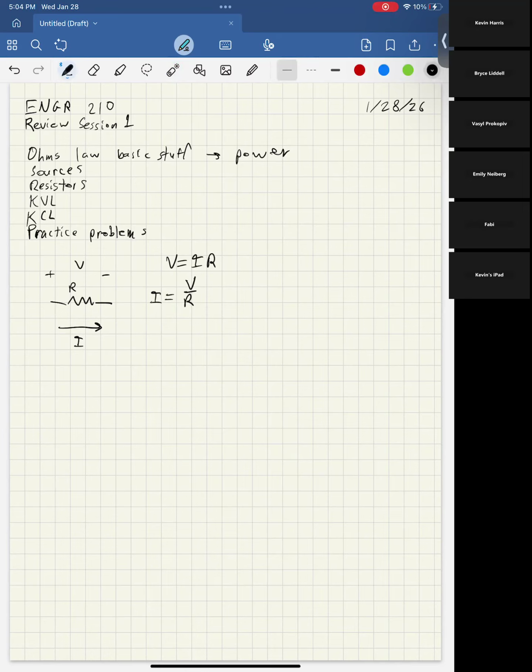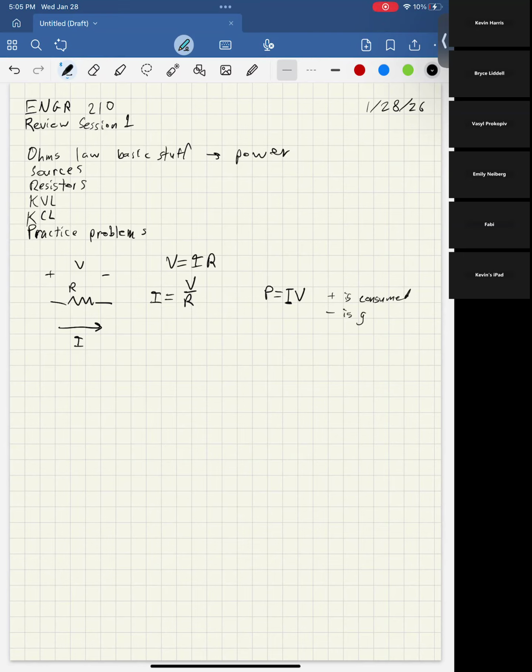The power for any component is going to be the current times the voltage. The sign of this tells you whether power is consumed or created. Positive power is used, like in a resistor, dissipated as heat; it is consumed.